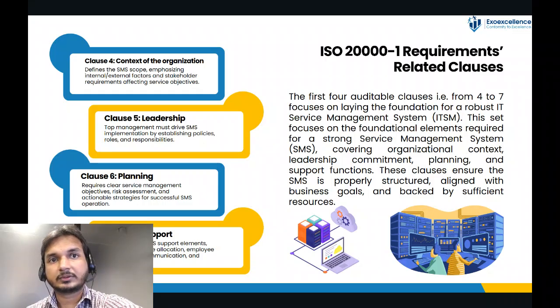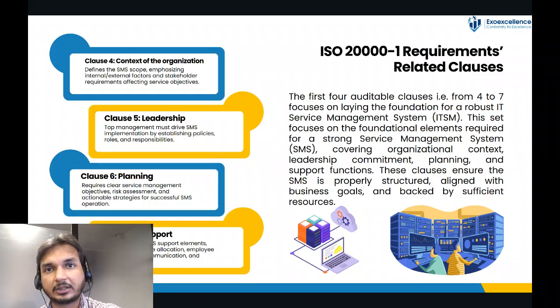So now that we understand the structure of ISO 20000, let's explore the detailed requirements covered in clause 4 to clause 7. Clause 4 is the service management system context that needs organizations to establish a service management framework with a defined scope, with a defined process for context analysis, identifying the internal and external issues, along with the identification of interested parties and their needs and expectations.